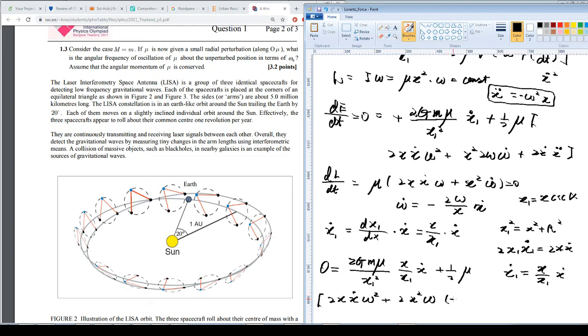Omega dot negative 2 omega x x dot, 2x dot x double dot.